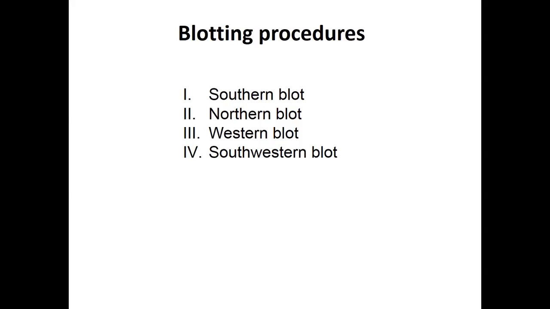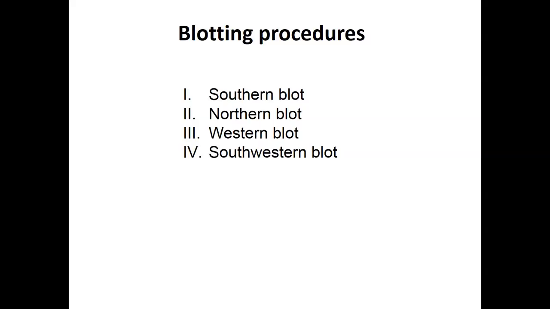Good. All right. So after the gel electrophoresis, there are a series of blotting methods we're going to talk about. You have what's called the Southern blot, analyzing a DNA sample. Northern blot, you're analyzing an RNA sample, mRNA sample. So keep that in mind.